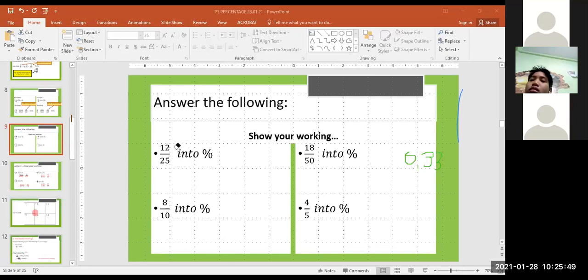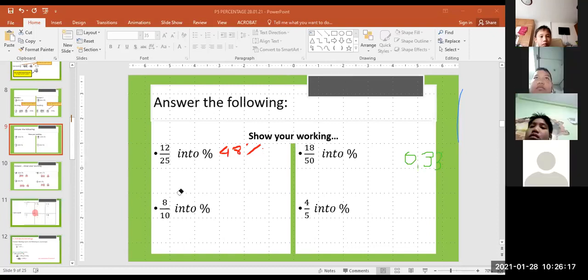You are to convert the fraction 12/25 into a percentage. How do you do that? You can write your answer on the screen. Who can answer? 48, teacher. 48%. Just write your answer. Don't worry.